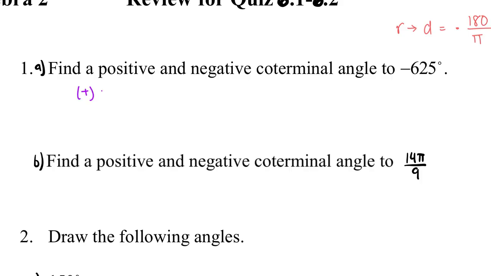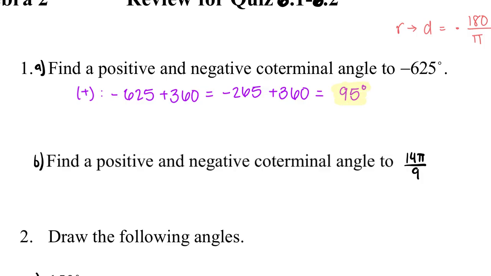I take negative 625 and add 360, which gives negative 265. Because it's still negative, I add another 360 and get 95. Don't forget that degree sign. If you do not have a degree sign, it will be incorrect. This is my positive coterminal angle.